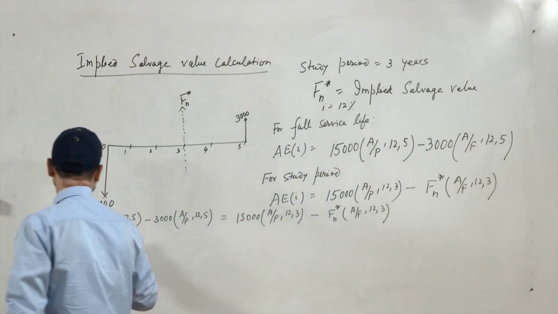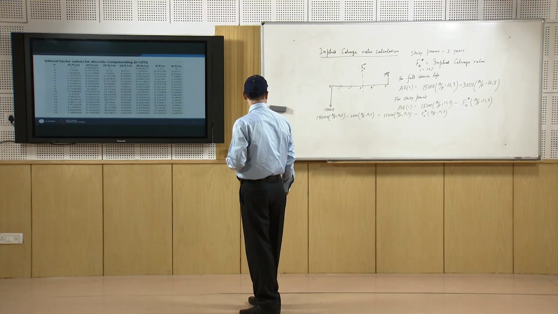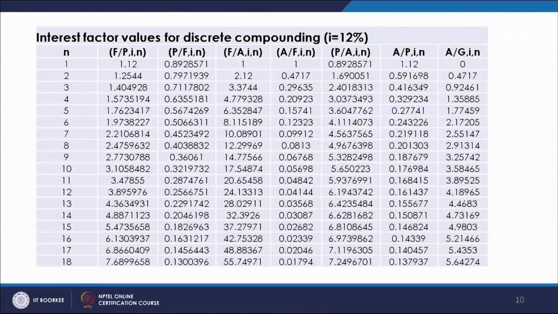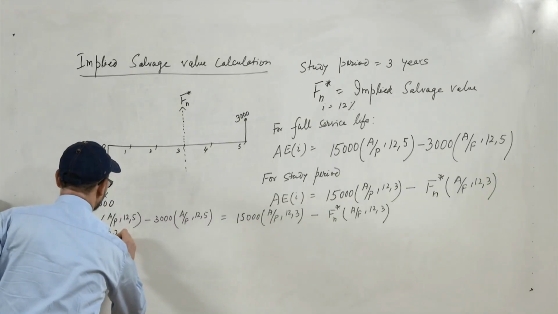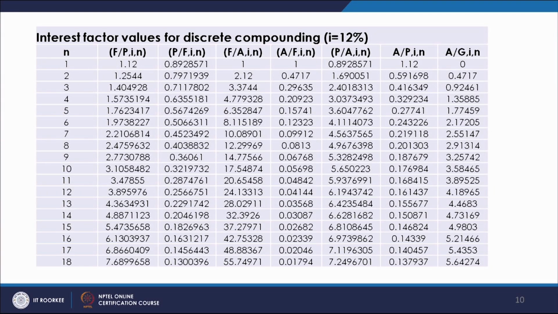Now, these values of the interest factors we can refer to from the 12% table. A by P, 12%, 5 years, is 0.2774, and A by F, 12%, 5 years, comes out to be 0.1574.